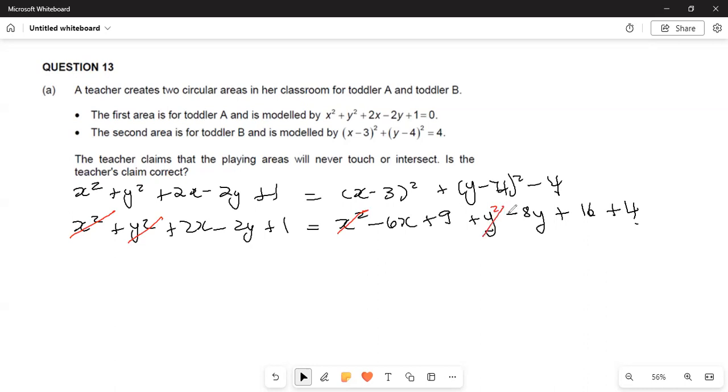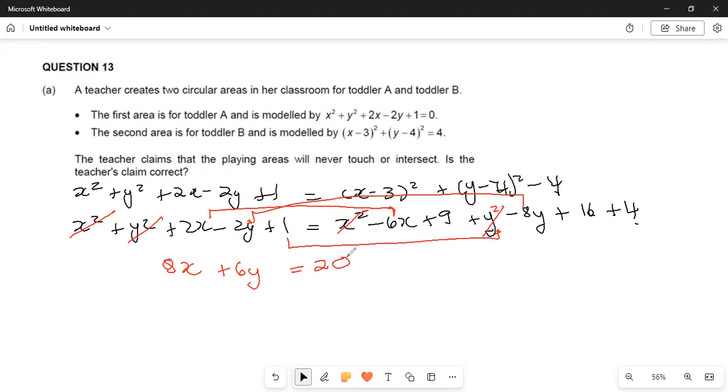So that x squared cancels that x squared, and the y squared cancels the y squared. We'll move this to the other side, we'll get 8x. We'll move that to the other side, we'll get 6y. And we'll move this to the other side, we'll get 20. Now we can write one of the equations with regards to x or y.